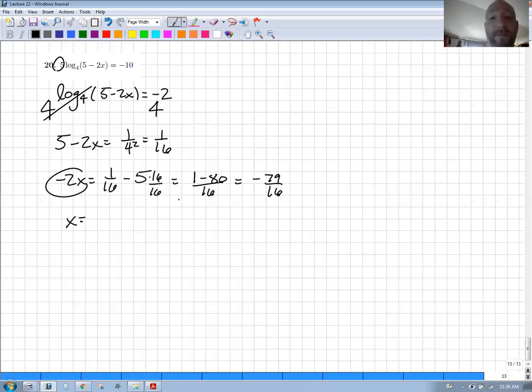So divide both sides by 2, and the minuses cancel. So we have 79 over 32. 79 divided by 32. To 3 decimal places, 2.469.